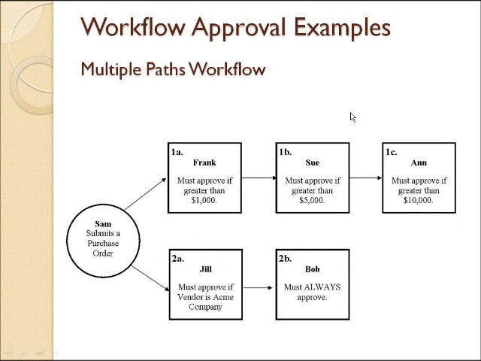Now, you could also have a multiple path workflow, and it's not limited to 2, so you could create a number of paths based on how you want that to go through the approval process. So Bob must always approve anything that's to the Acme company, but if it's not Acme company, he will not be involved at all.